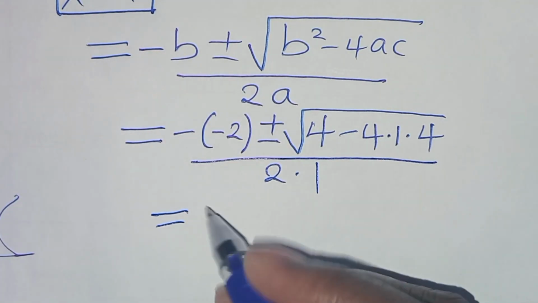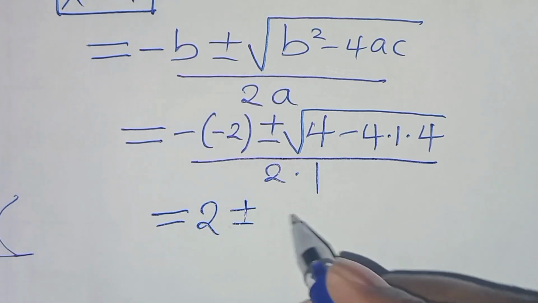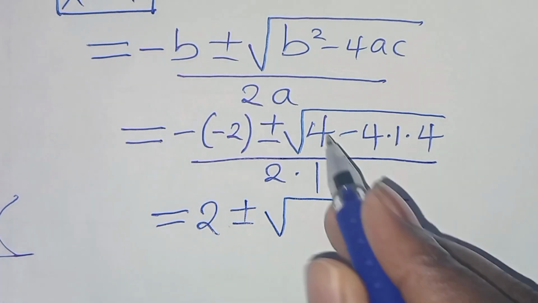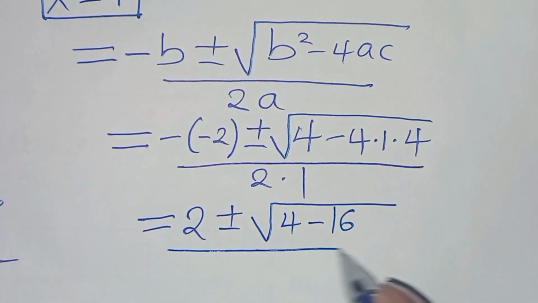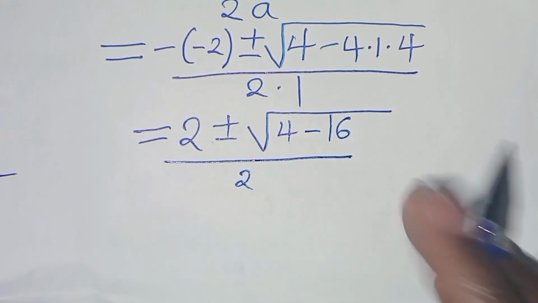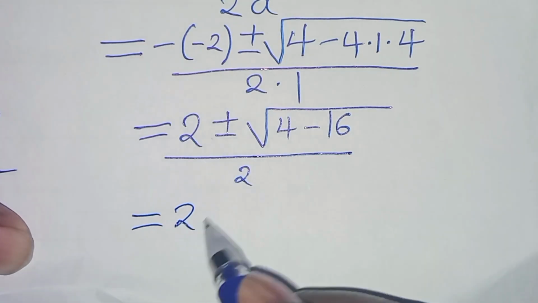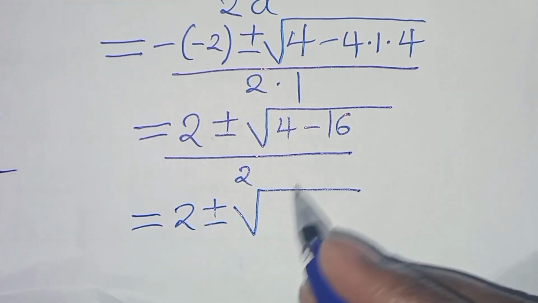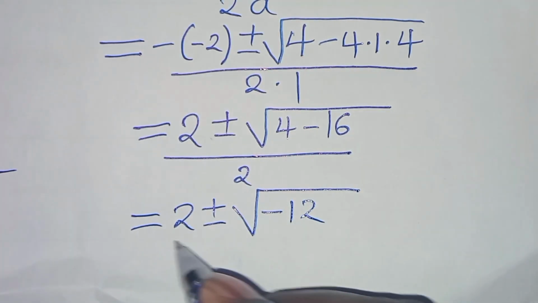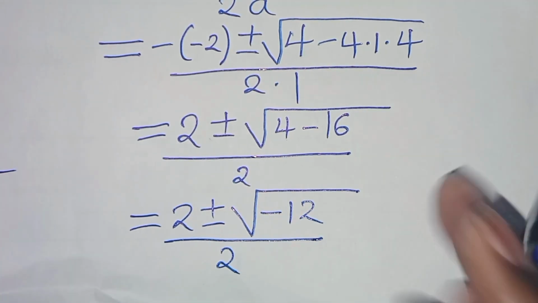So here we have 2 plus or minus the square root of 4 minus 4 times 4, which is 16, all divided by 2. So we have 2 plus or minus the square root of 4 minus 16, this is minus 12, all divided by 2.